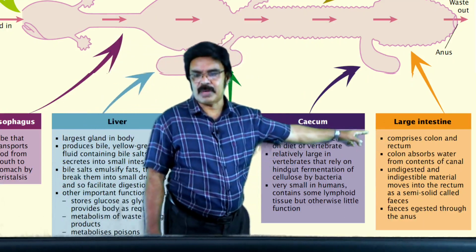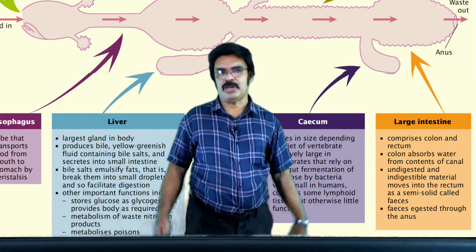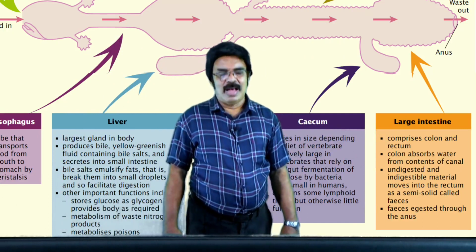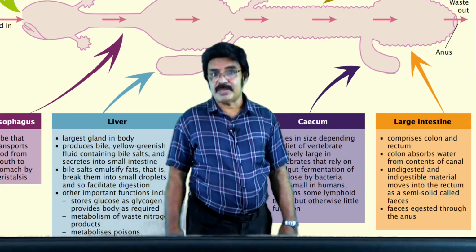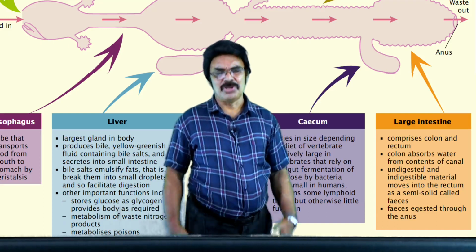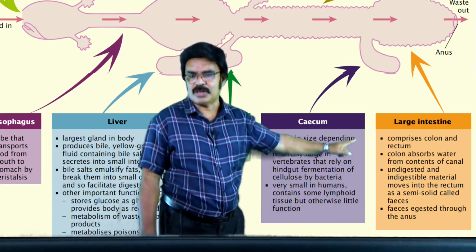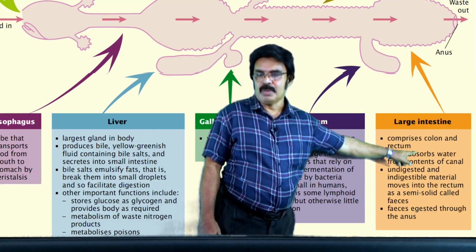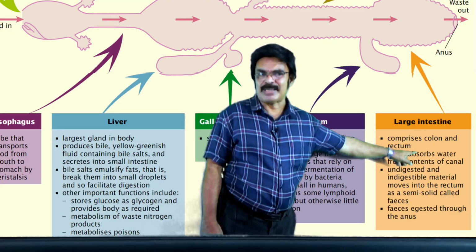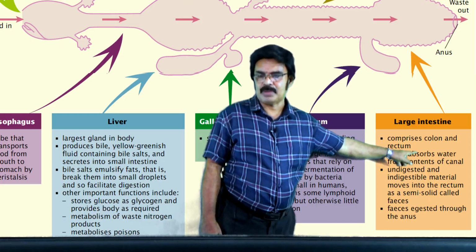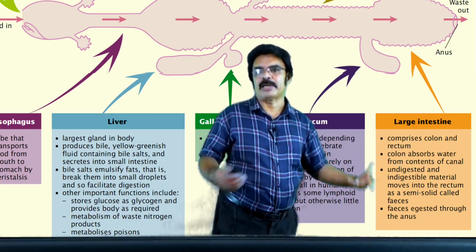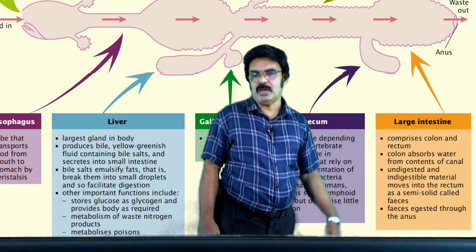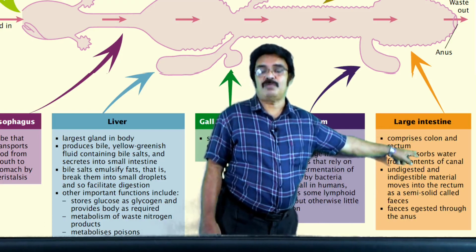The large intestine, you must have an idea because we have done it in grade 7 to some extent. It comprises the colon and rectum. The colon is the main part of the large intestine. The rectum stores feces.